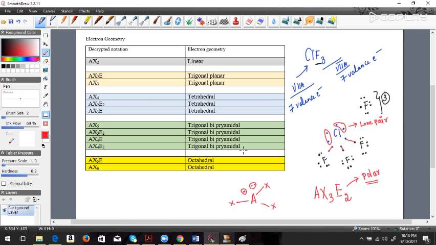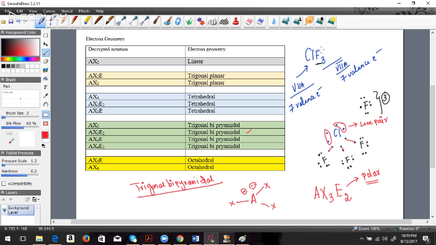But looking at this right here, it's AX3E2, which is trigonal bipyramidal. For molecular geometry we don't treat the lone pairs as bonds, whereas for an electron pair geometry, we treat the lone pairs as bonds themselves. So that is trigonal bipyramidal. Very good. So it's AX3E2.